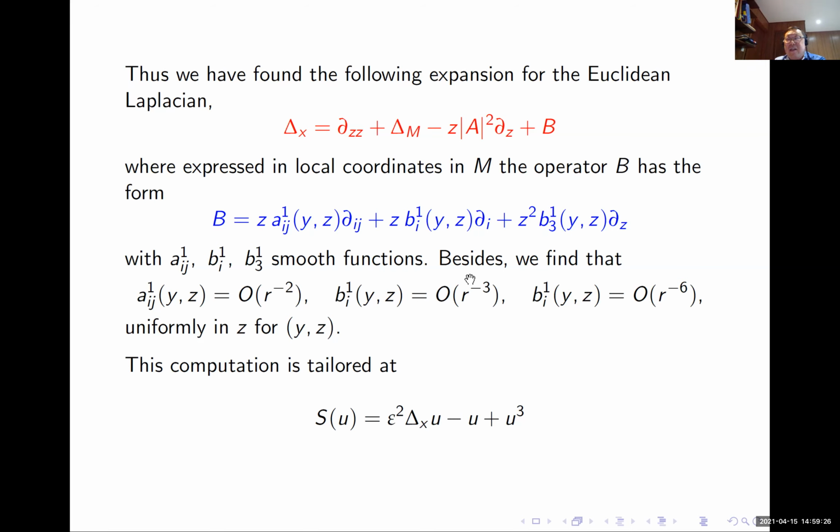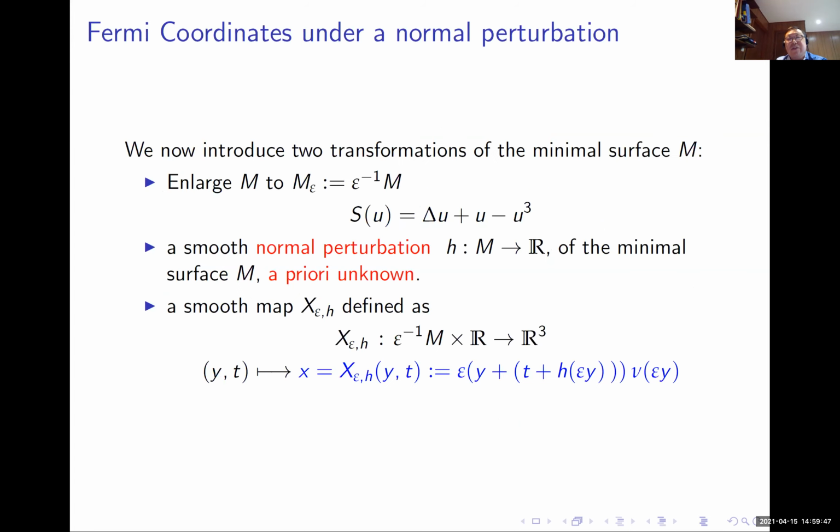Now we talk about the manifold M. In terms of the equation, I'm talking about the singular perturbation equation, and for this equation you use this coordinate. But now we need to rescale the equation. So we introduce another two transformations of the minimal surface.